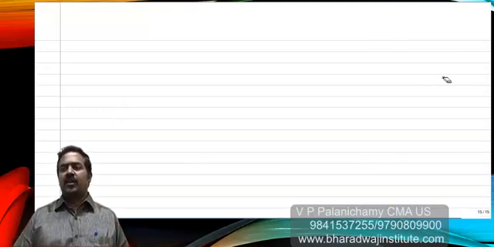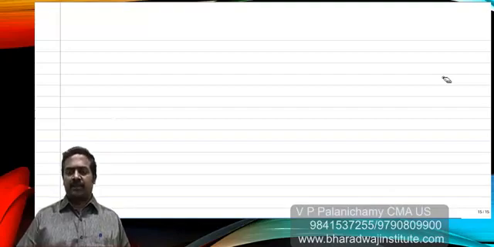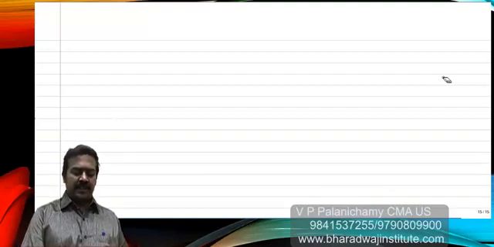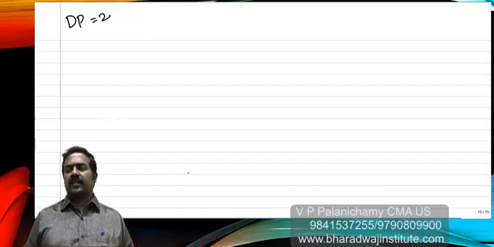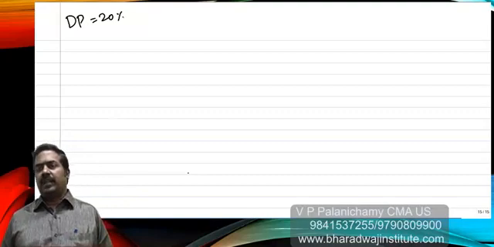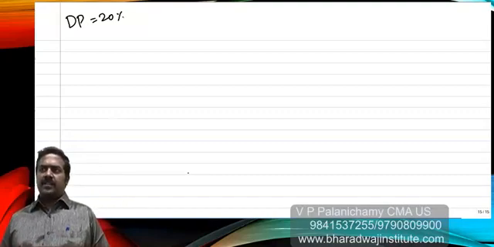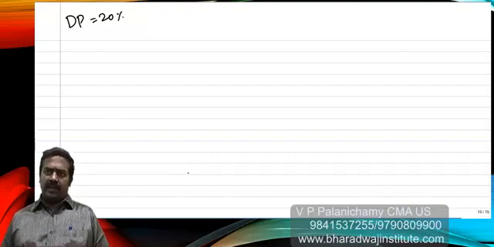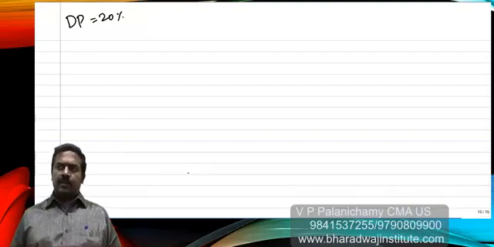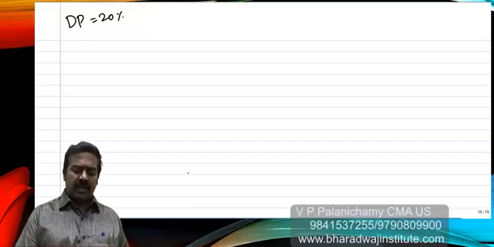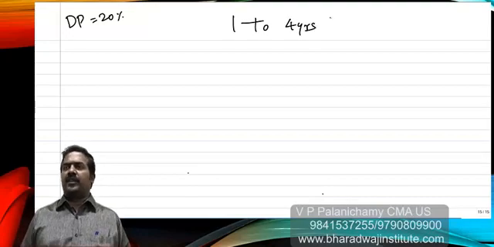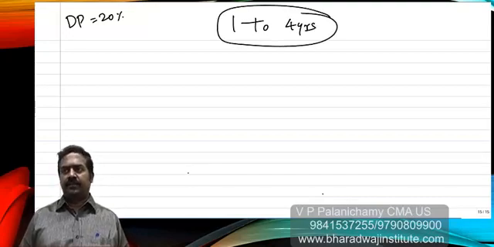Down payment 20%. Installments including interest from 1 to 4 years. 1 to 4 years means at the end of first year, second year, third year, like that. Shall we?